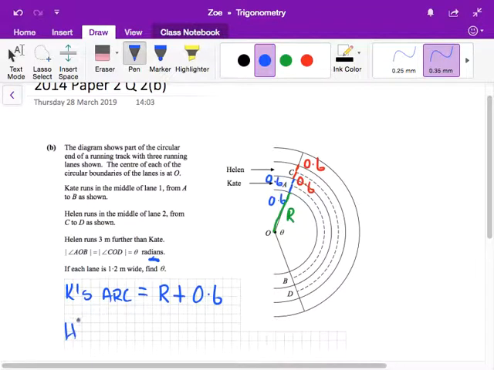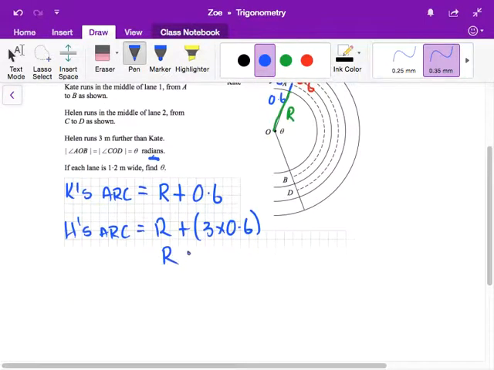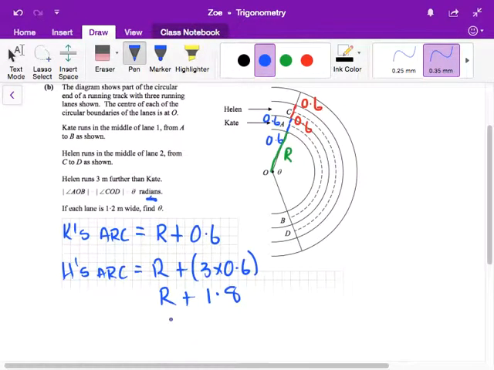And then the radius of Helen's arc is R again, but this time she has the 0.6 that Kate had, plus the other 0.6 in Kate's lane, plus 0.6 from her own lane. So she has 3 0.6s. So hers is R plus 1.8, that is, for Helen's arc. Yeah?